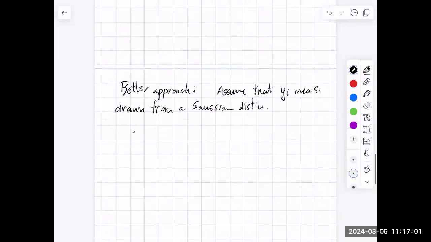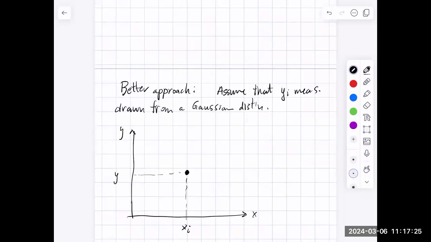So what I mean by this is, let's imagine that we had this X versus Y plot. And maybe we're going to sit here at xi and make a measurement of yi, and maybe it sits over here. I'll say that this is measurement yi, number 1.